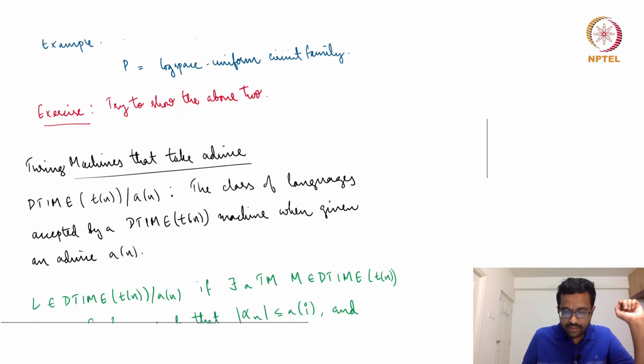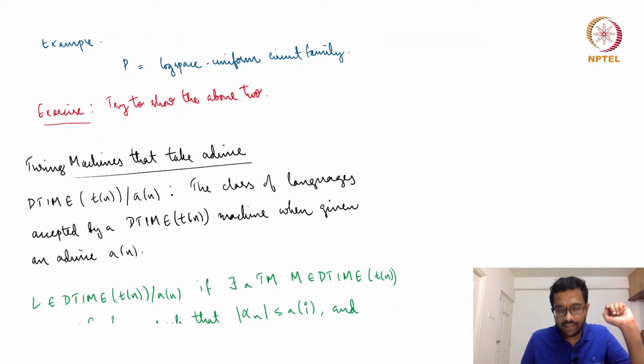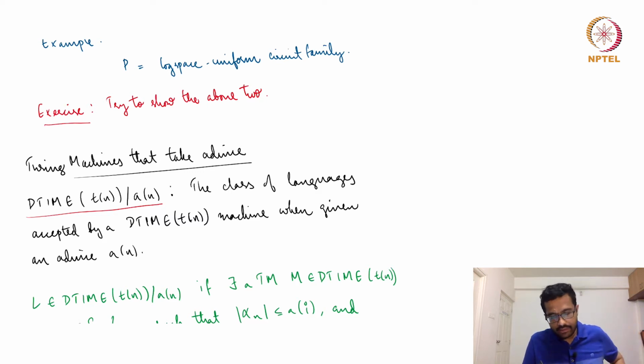Okay, now let us define Turing machines that take advice. So what are Turing machines that take advice? We will denote them as DTIME(T(n))/a(n), and this is the genesis of the notation P/poly. So these are Turing machines that take advice.